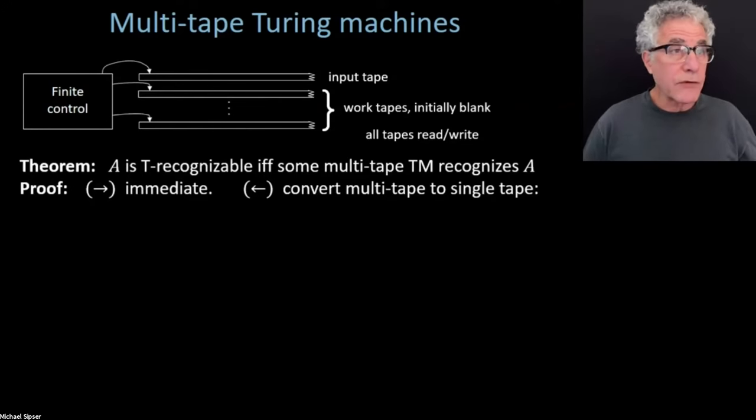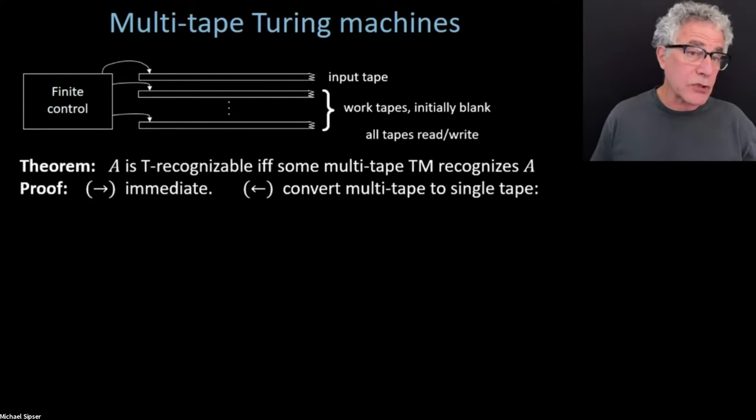So for the forward direction, there's nothing to say. That's just immediately true. But if we want to prove the reverse, then we're going to have to do some work. And the work is going to be showing how you convert a multi-tape Turing machine to a single-tape Turing machine. So if we have something that's recognized by a multi-tape Turing machine, it's still Turing recognizable, and what that means is that you can do it with a single-tape Turing machine. So we have to show how to do the conversion.